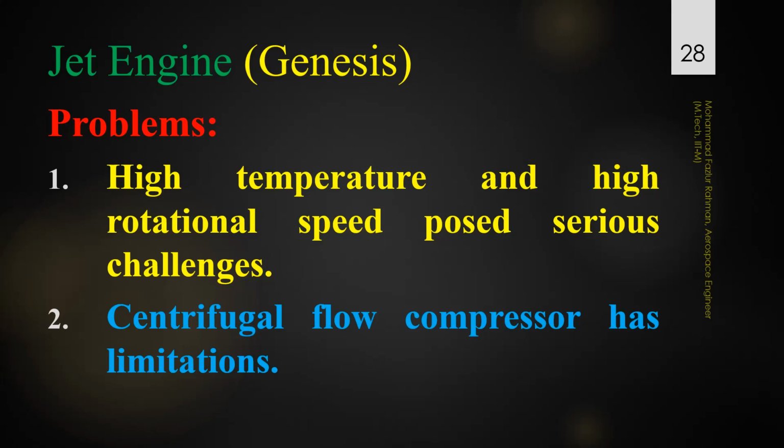Also, in the centrifugal compressor, air was coming axially first, then going radially, and then again coming in the axial direction before entering the combustion chamber. That was not a very good design. It was giving a lot of trouble. So these were the two problems these guys were facing.